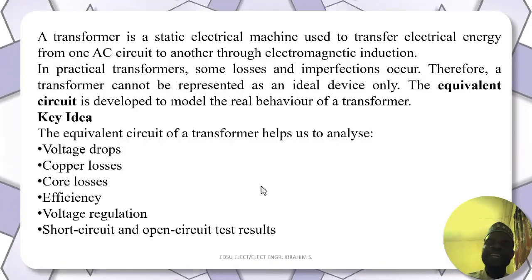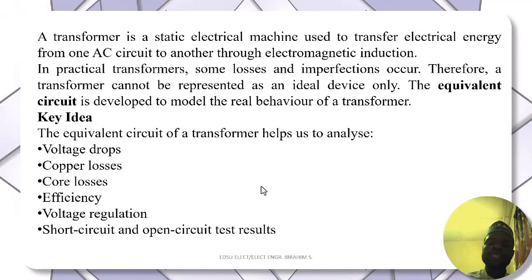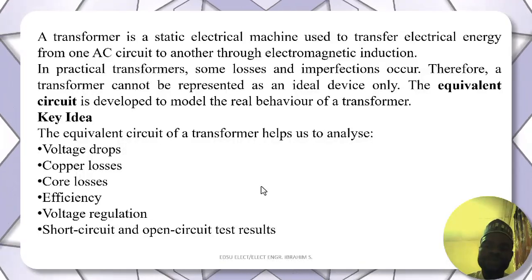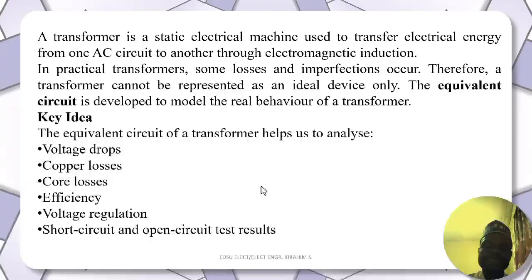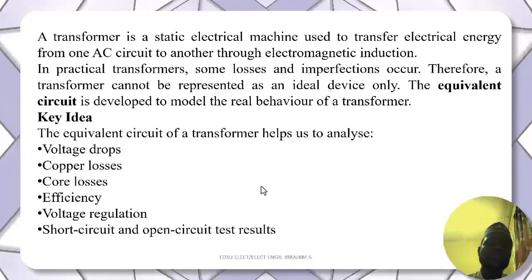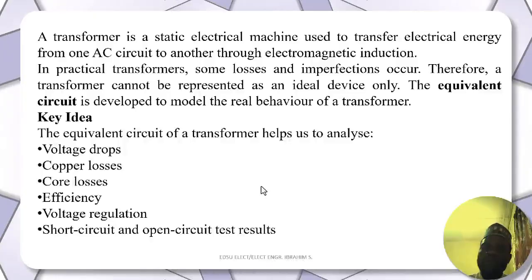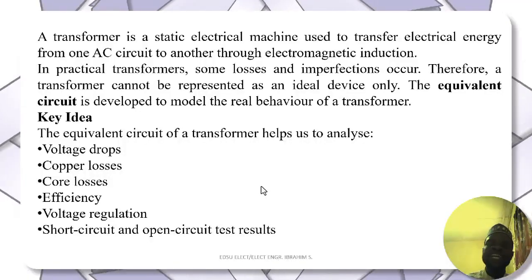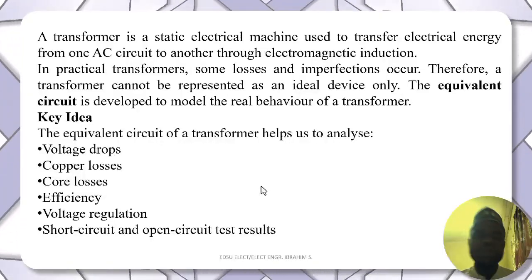That heat generated is a result of losses in the electrical circuit. And also in the hysteresis of the magnetic field, there are losses. So there is a need to discuss the equivalent circuit of a transformer, which will give you the real model, the real behavior of a transformer.